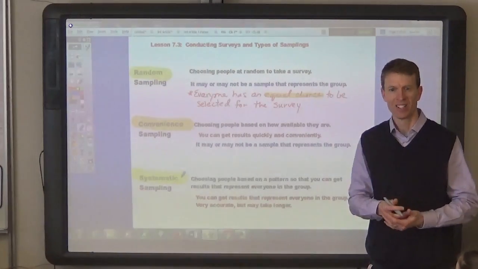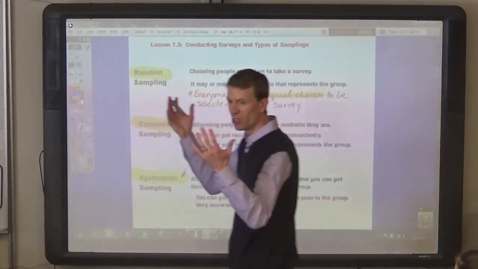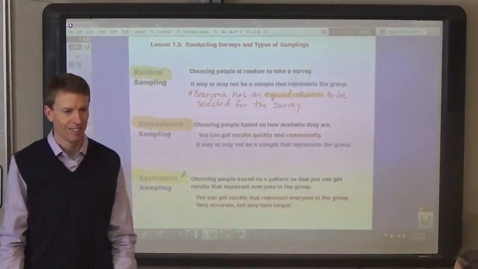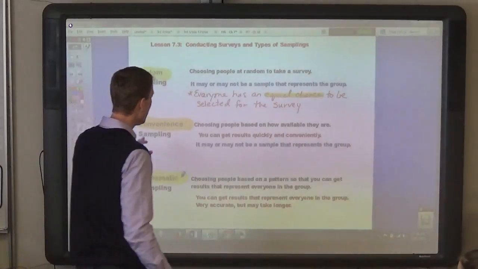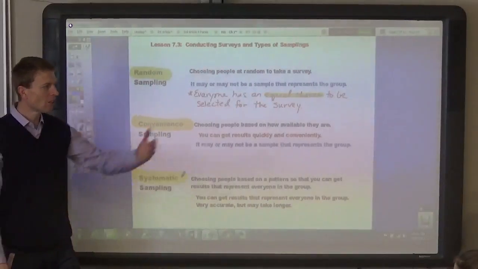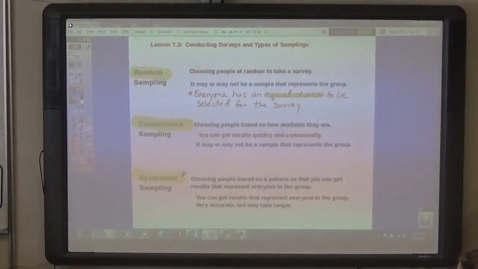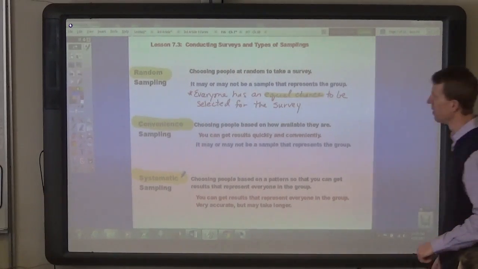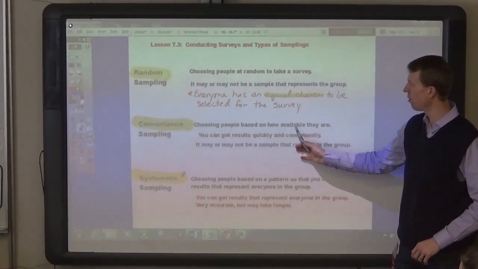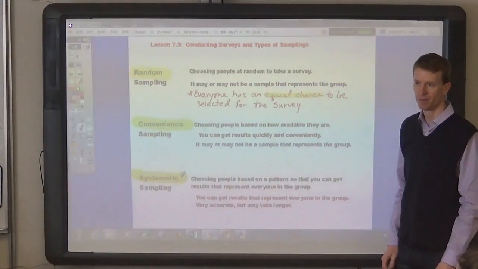Pick someone. By whoever was closest to them. So that was based on convenience. Whoever was closest to them, they just walked up to them and asked them. And that's probably the way you've done surveys up to this point. Choosing people based on how available they are.